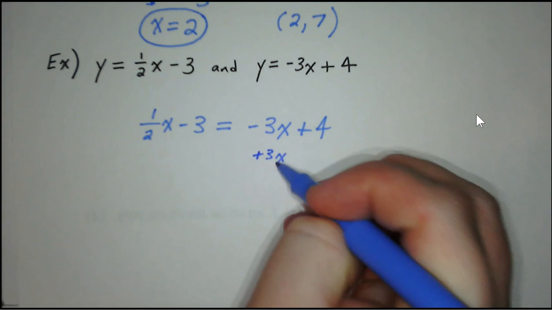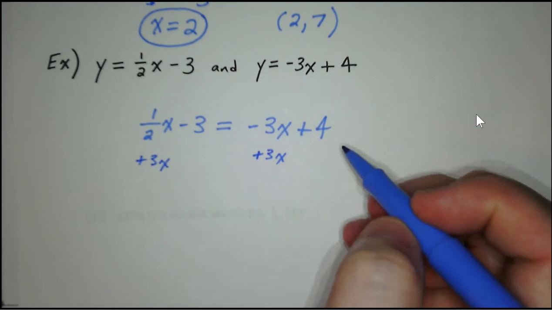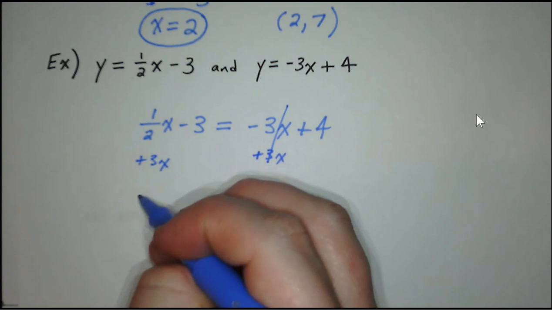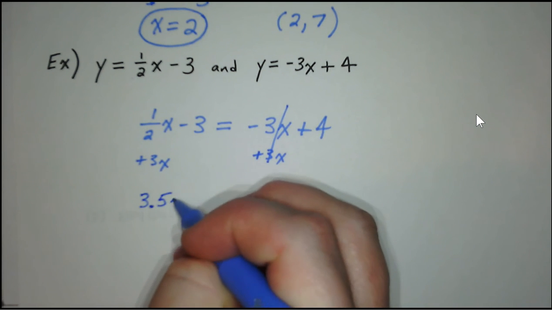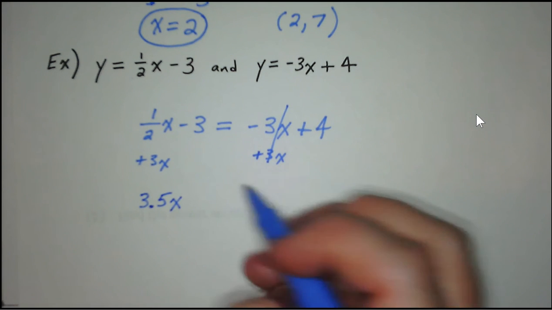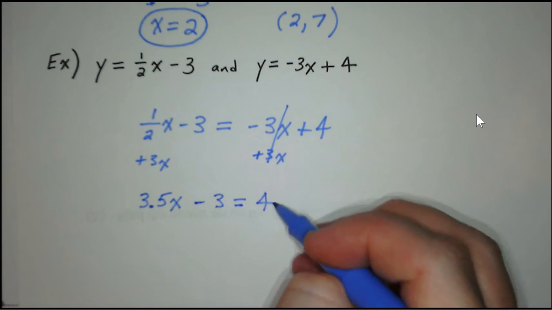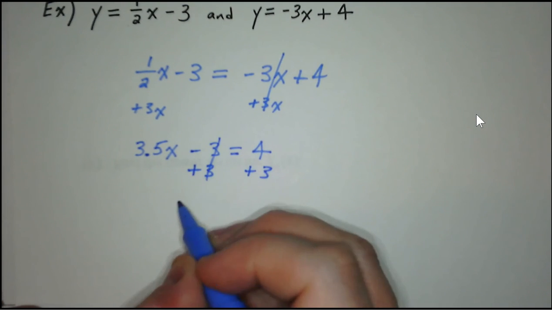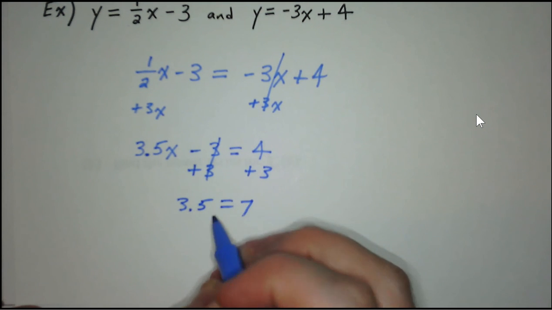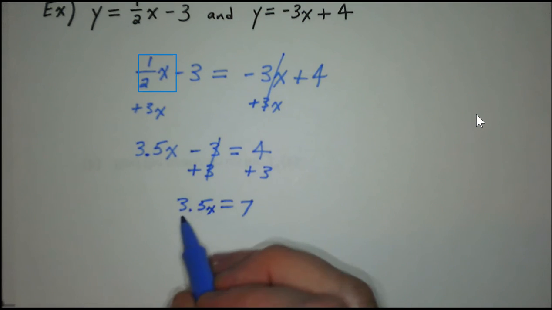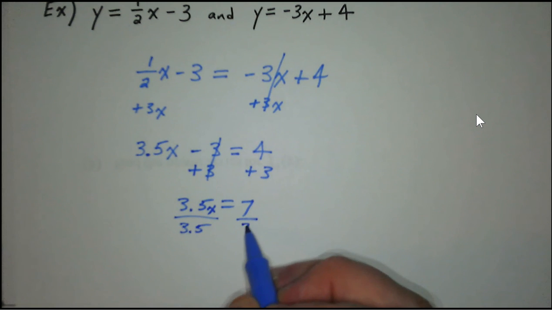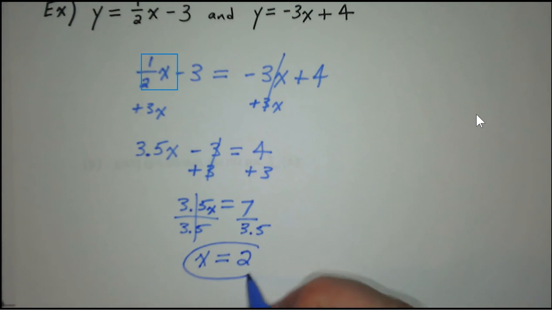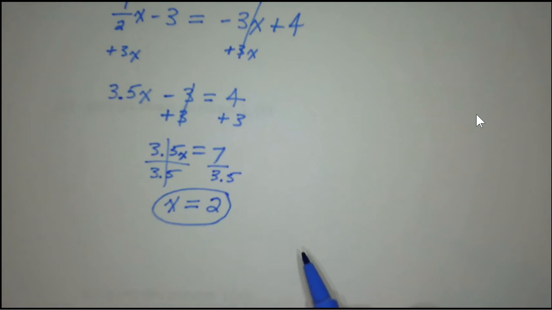Maybe I'll keep it pretty standard. And what's 1/2 x plus 3x? You could leave it as a fraction, but I'm going to just say 3.5x. And now it's time to keep getting x by itself. Now we would divide both sides by 3.5 to get x all by itself, and you end up with x equals 2.